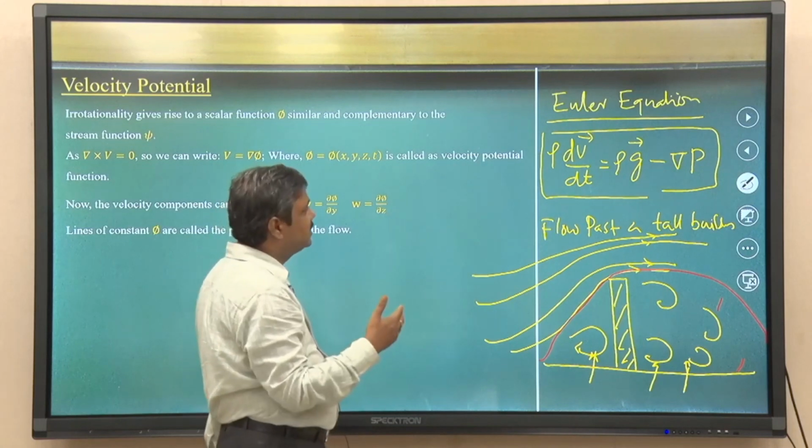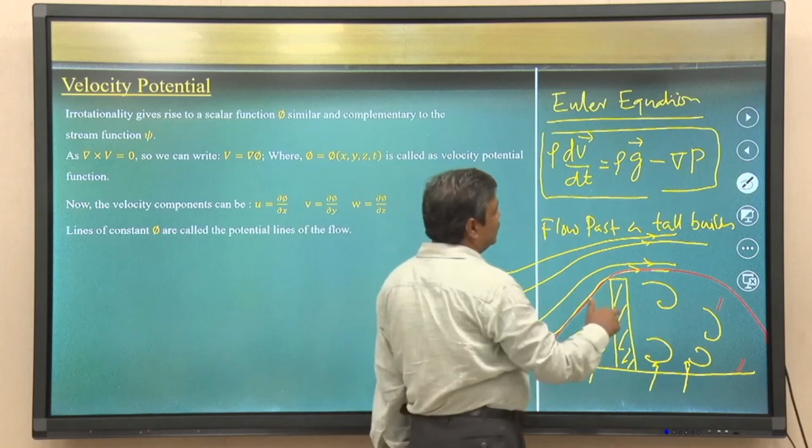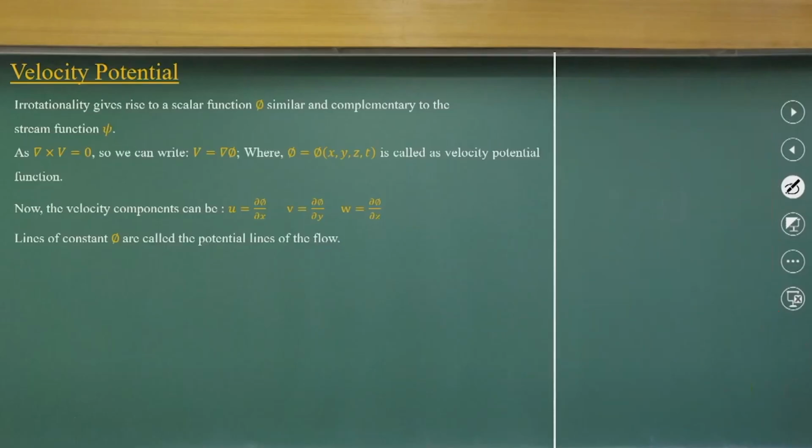If you look at the Euler equations, we still have four unknowns: the three scalar velocity components u, v, w and the pressure p.